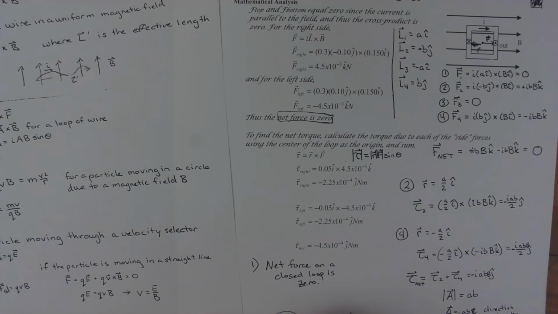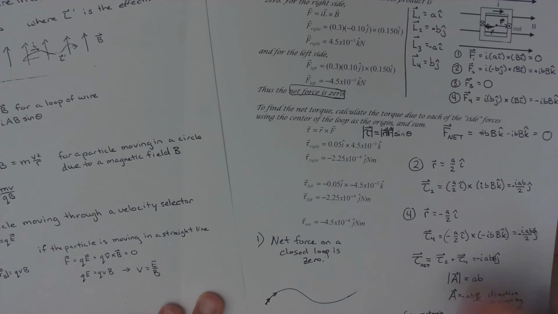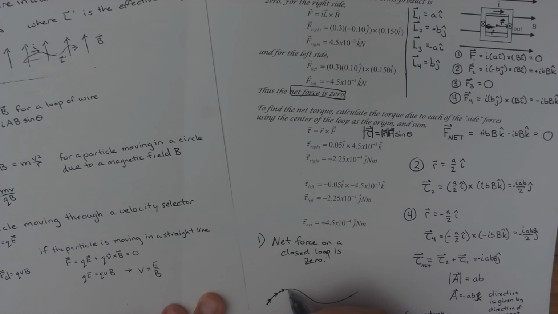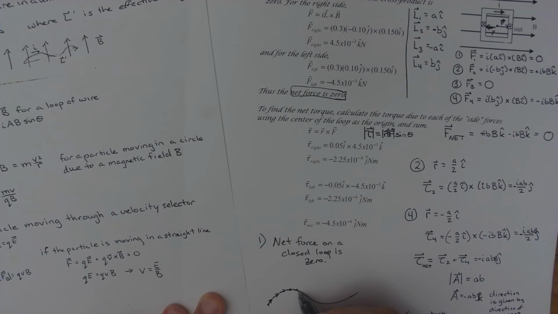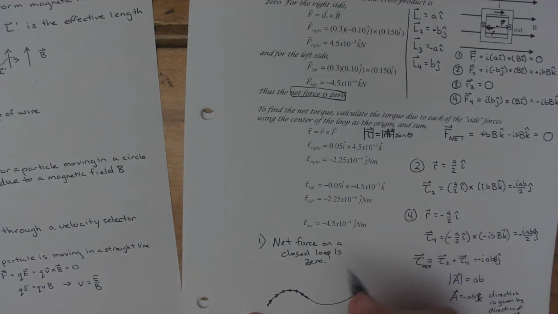So if you break this wire up into little segments, because the wire is curved, you can't use this equation for a straight wire, but if you break it up into small enough segments, they would be straight, or you can just approximate it as a bunch of straight segments.